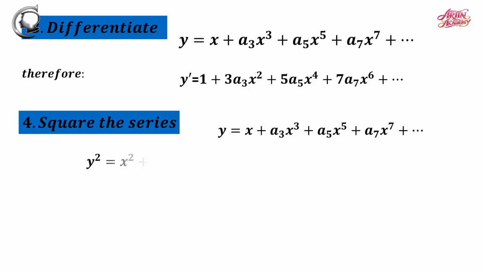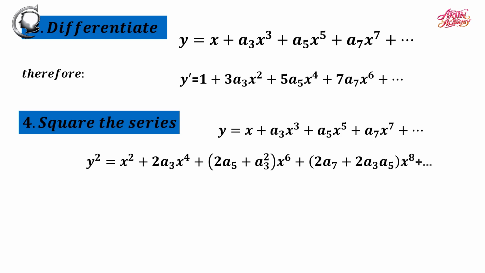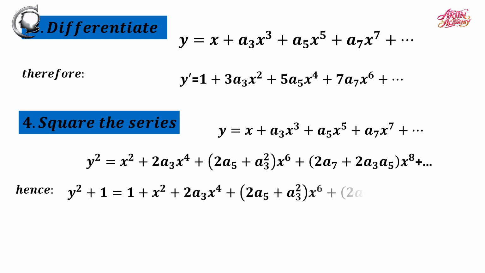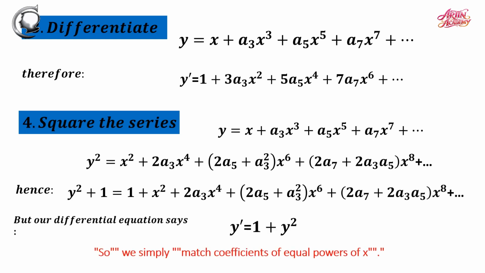We square both sides. y squared equals x squared plus 2a sub 3 x to the 4th plus the quantity 2a sub 5 plus a sub 3 squared times x to the 6th plus the quantity 2a sub 7 plus 2a sub 3 a sub 5 times x to the 8th plus the quantity 2a sub 9 plus 2a sub 3 a sub 7 plus a sub 5 squared times x to the 10th, and so on.